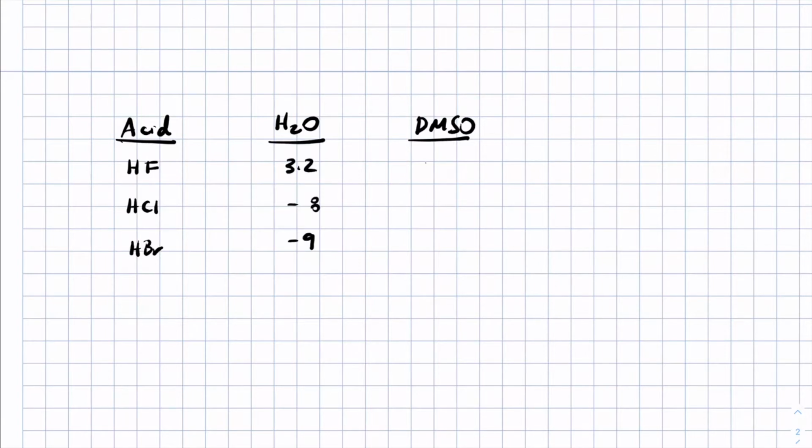In DMSO, HF has a pKa of 15, so way less acidic. HCl is way less acidic, and HBr is way less acidic. And this is just the exact same trend we observed before. Nonpolar solvent is a poorer ion solvator.